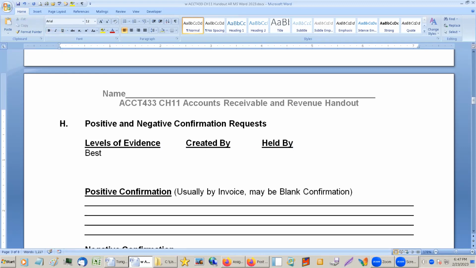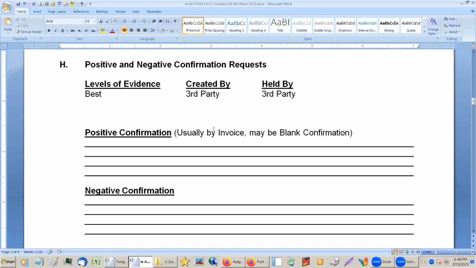The best evidence is created by a third party and is held by a third party. Medium evidence is created by a third party and held by the client.